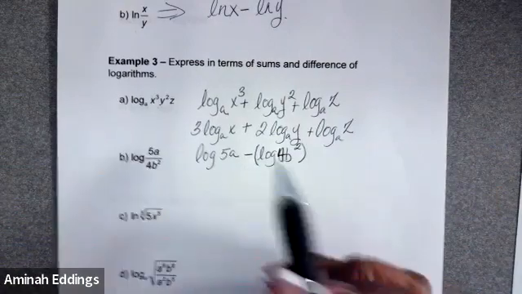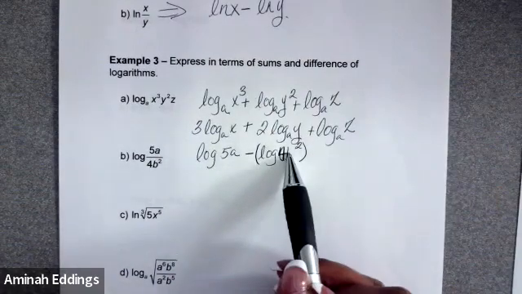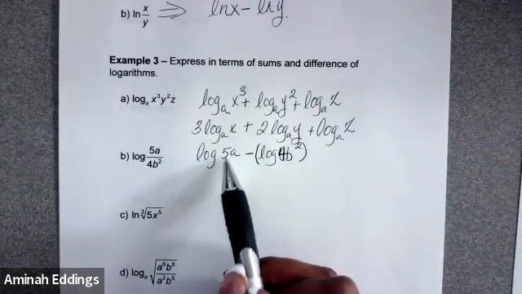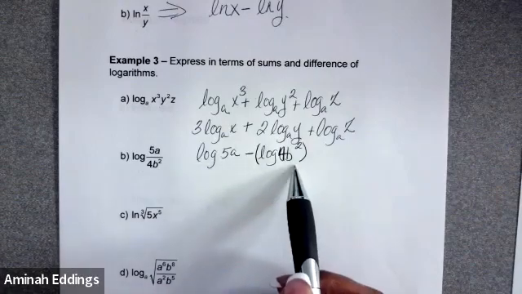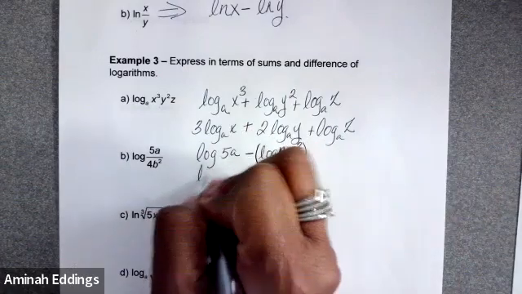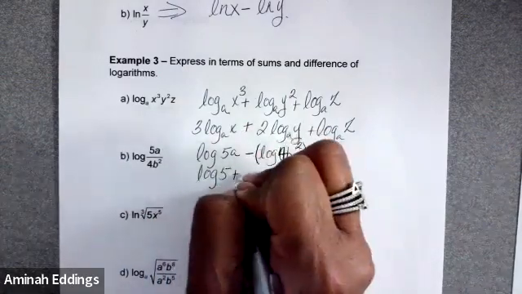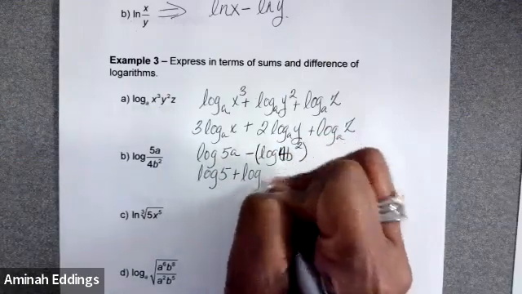Okay. Now, let's go ahead and take care of this multiplication. This is multiplication, so that means I can expand it out into addition. So it becomes log 5 plus log a.